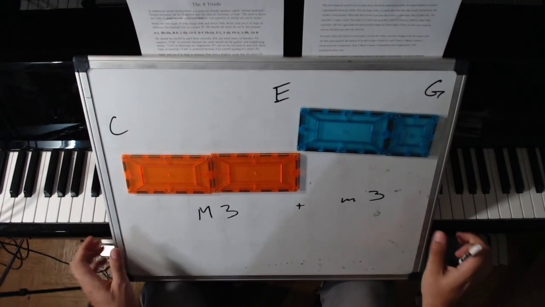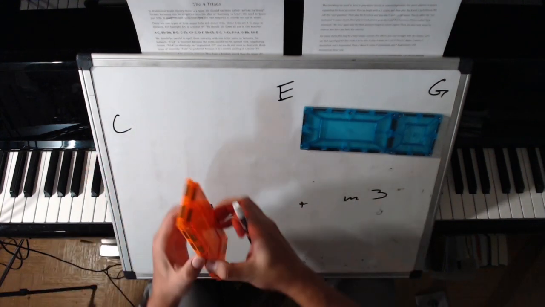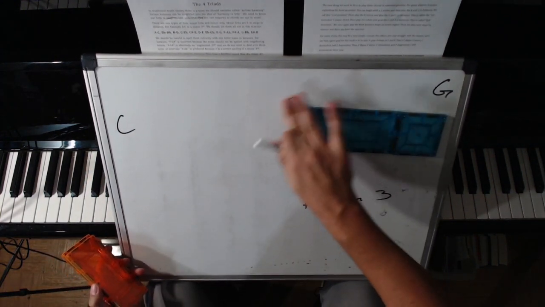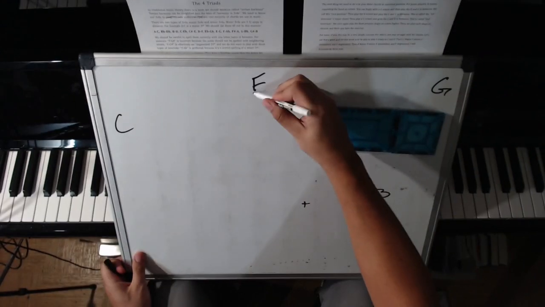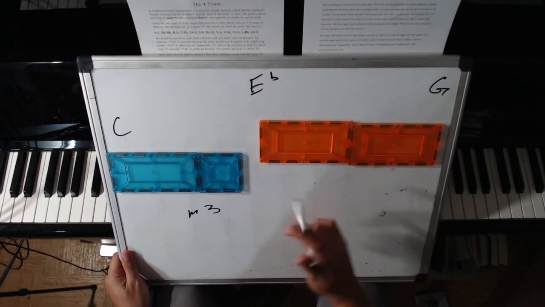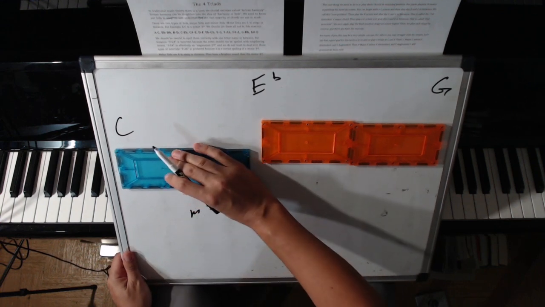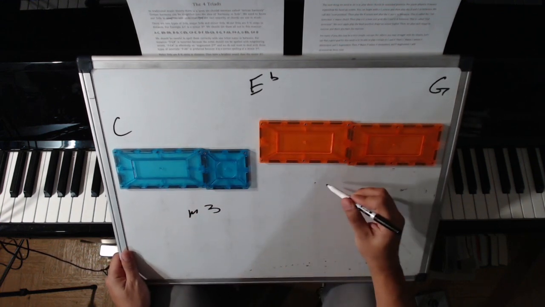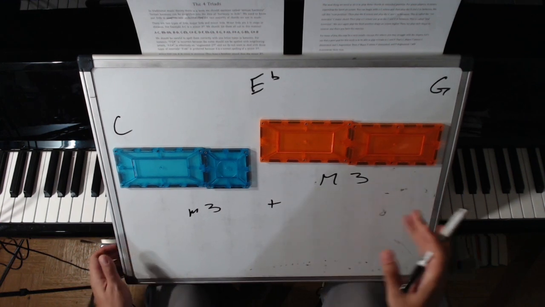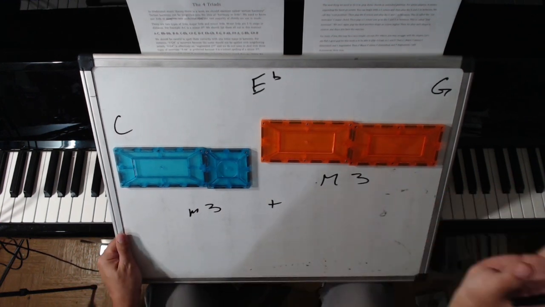Let's take these intervals and play a C minor chord. So if I play C, E flat, and G, what we got here: C to E flat is a minor third, and E flat to G is a major third. So we can deduce that all minor chords are a minor third plus a major third.